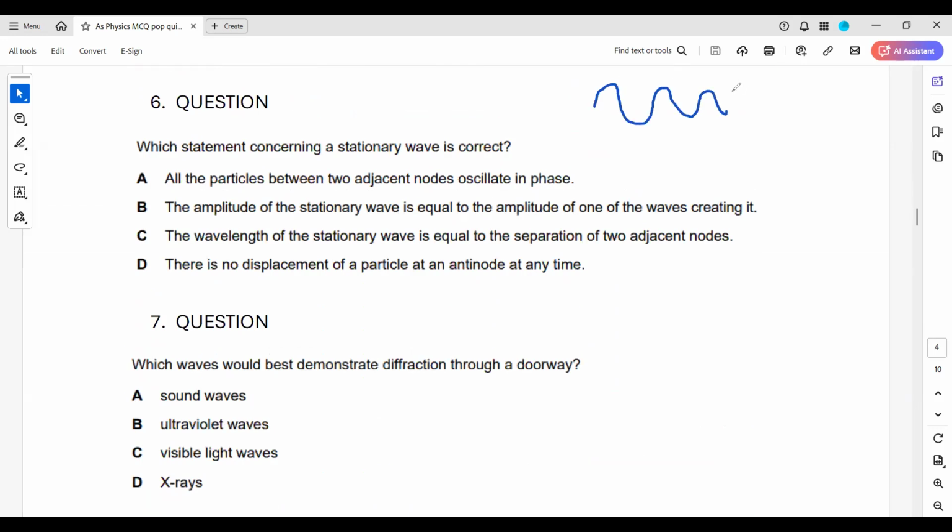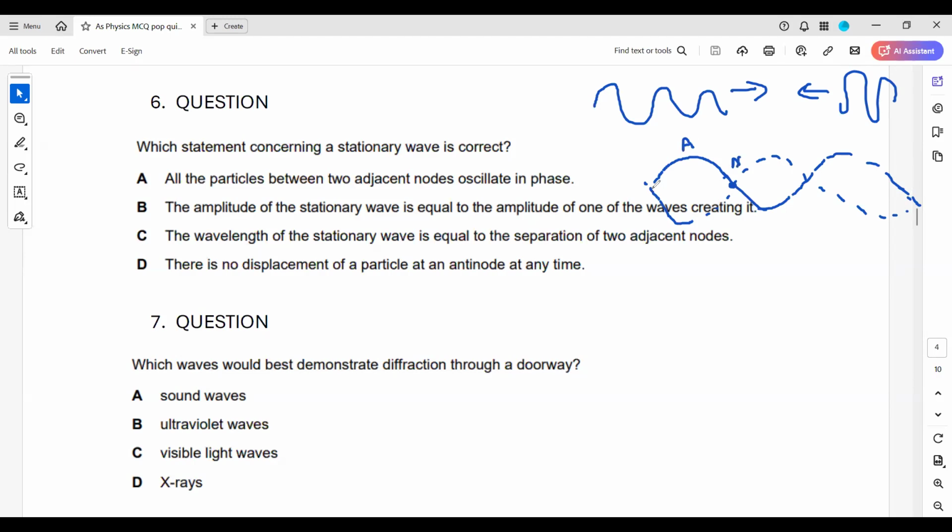When two progressive waves travel in opposite directions, they give rise to a standing wave. In a standing wave, we have nodes and antinodes. Nodes represent the minimum displacement points, and antinodes represent the maximum displacement points.